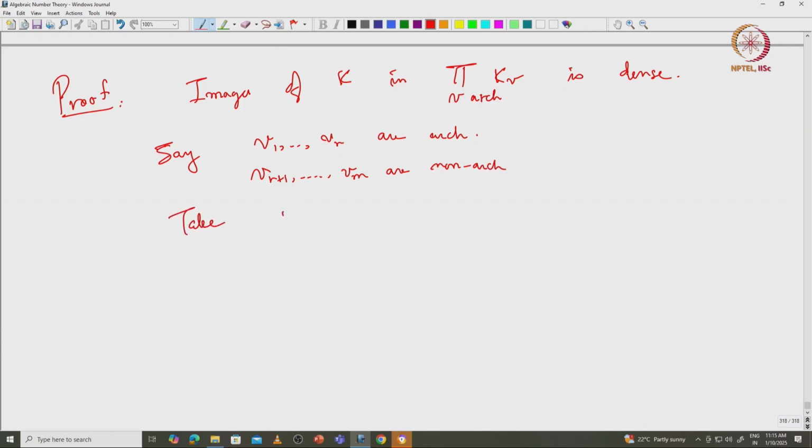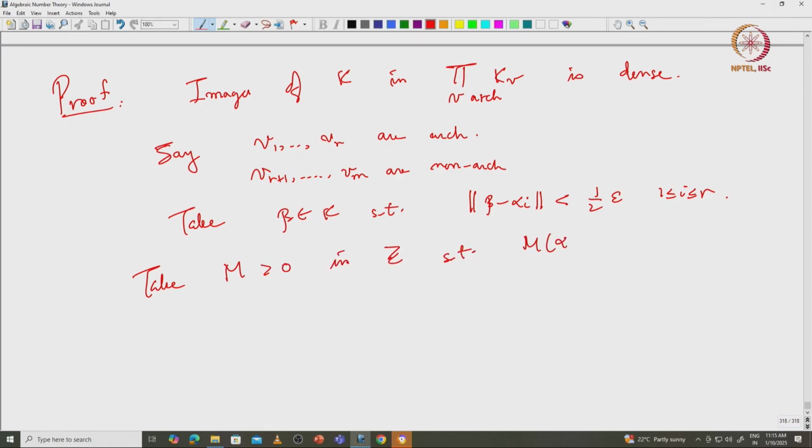So, take beta in K such that valuation of beta minus alpha I is less than half epsilon for I between 1 and R. And what I do is I take m greater than 0 in Z such that m times alpha I minus beta belongs to OK for all I between R plus 1 and m.